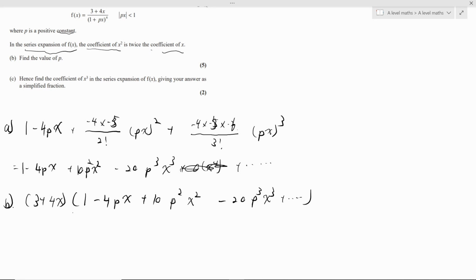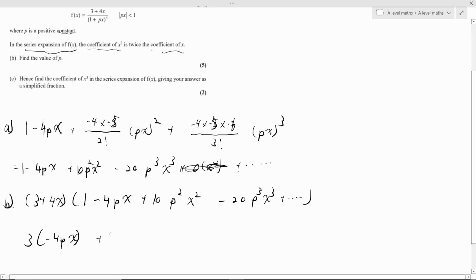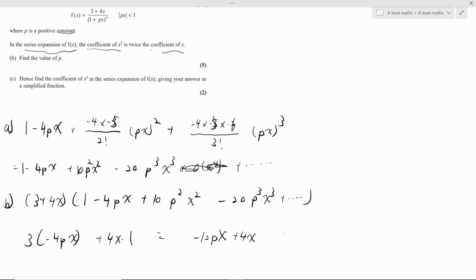How can we get x in this multiplication? Either 3 times minus 4px or plus 4x times 1, which is minus 12px plus 4x, which is (4 minus 12p)x. And this is the coefficient of x.